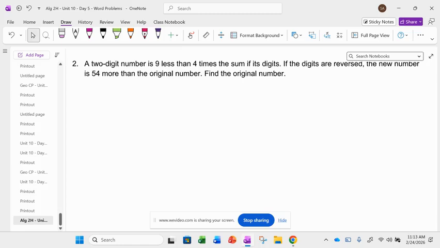If the digits are reversed, the new number is 54 more than the original number. Find the original number. Okay, well, we know it's a 2-digit number. So do we agree we're going to let T equal the tens digit and U equal the units digit?